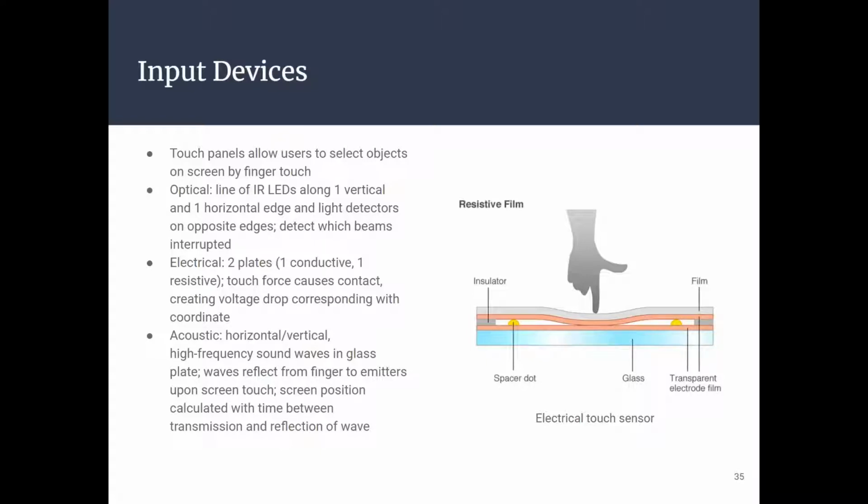As the user touches the screen, these waves will reflect from the finger to emitters. Then we can calculate the screen position based on the time between transmission and reflection of the wave. As we can see to the right, we have an example of an electrical touch sensor.